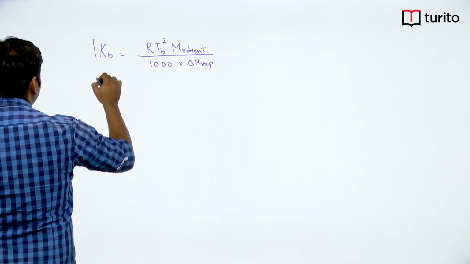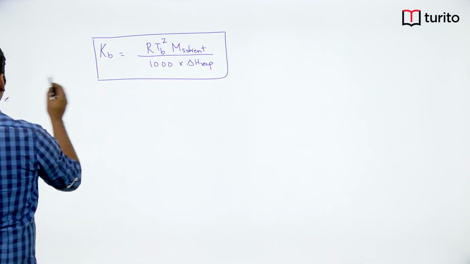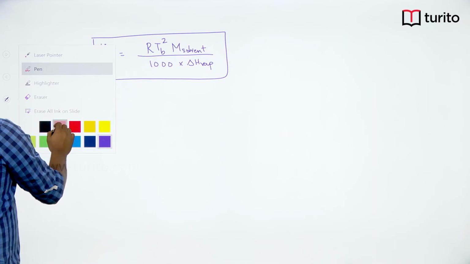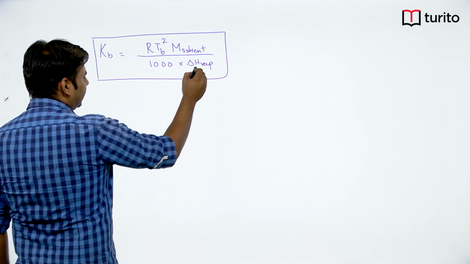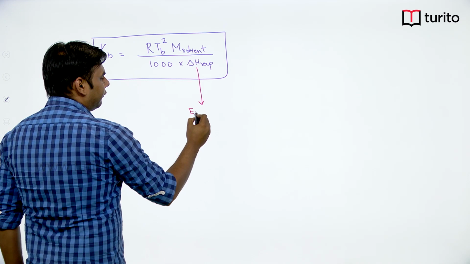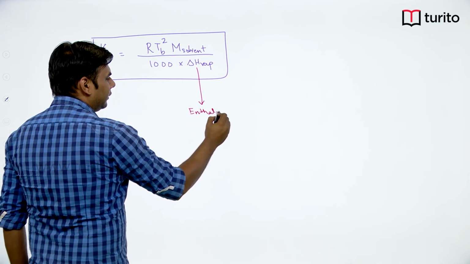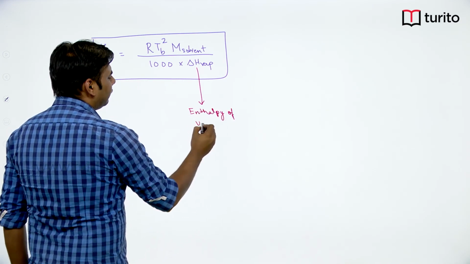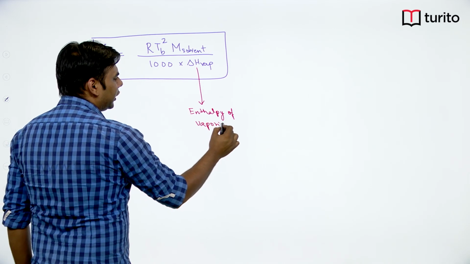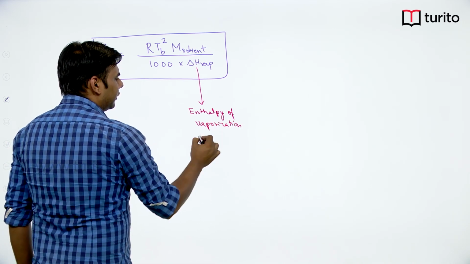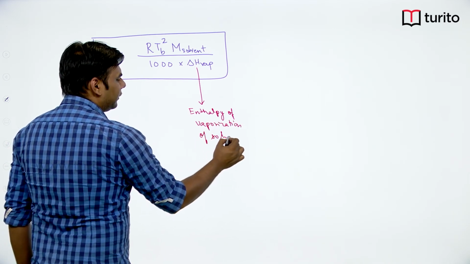Let me explain the various terms. Delta H vaporization is the enthalpy of vaporization of whatever solvent we are talking about.